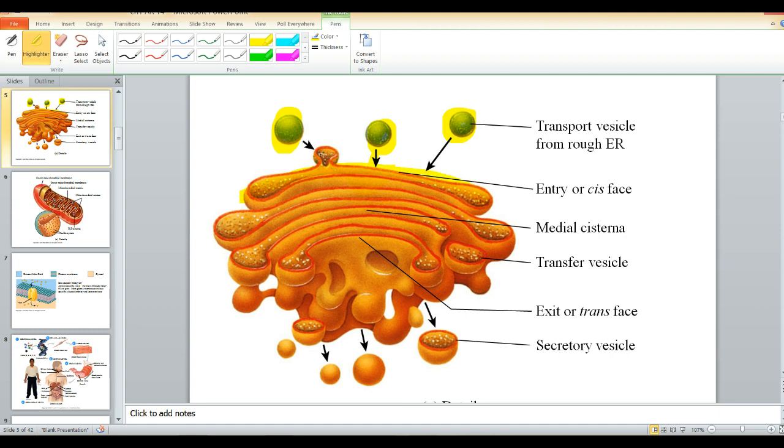As these materials move through the Golgi apparatus, they're going to be repackaged into one or two things. So here they're exiting. They can exit as a vesicle that is going to actually be released to the outside of the cell, or they can exit as lysosomes.